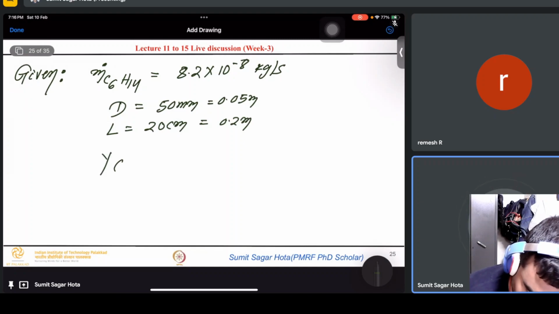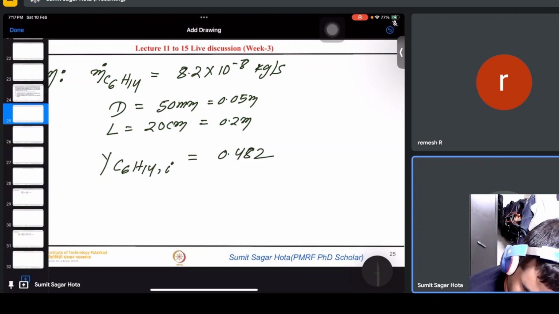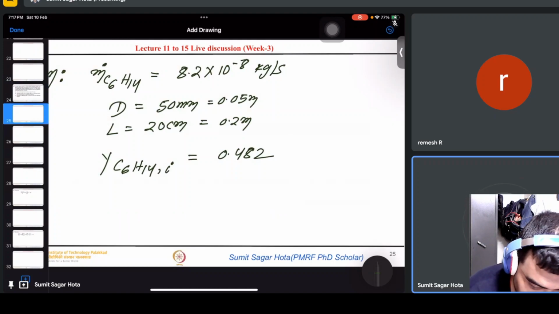The mass fraction of C6H14 at the interface, represented by I, is 0.482.